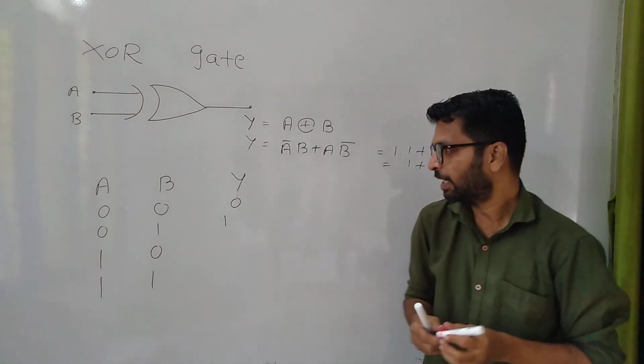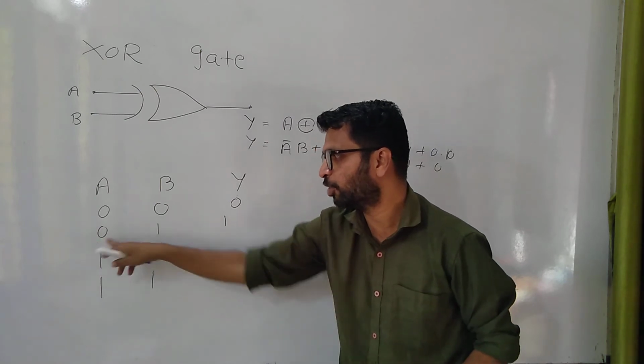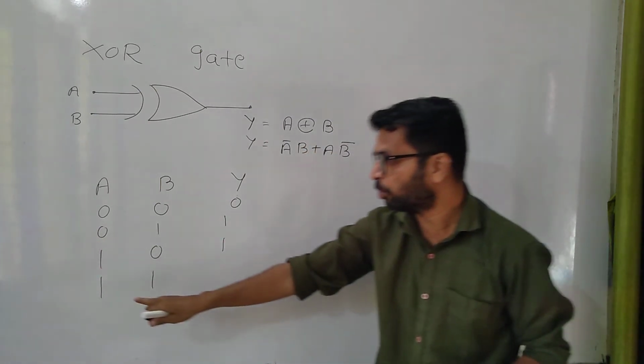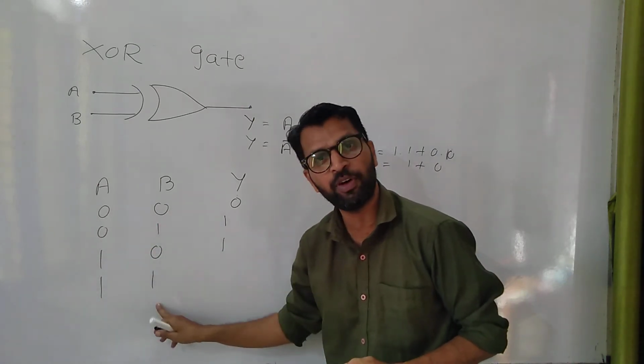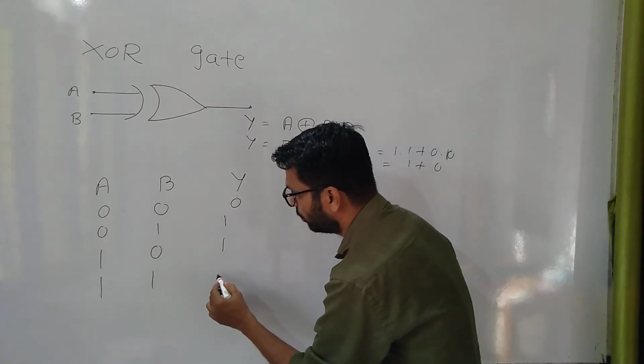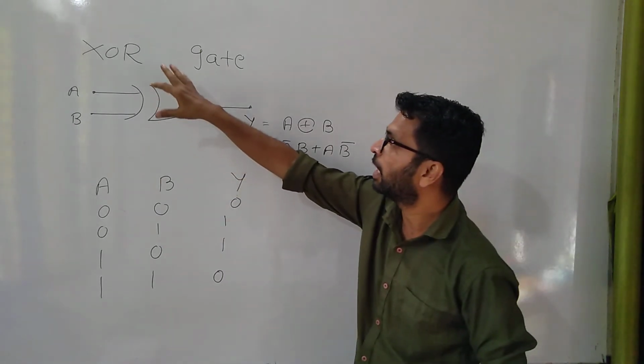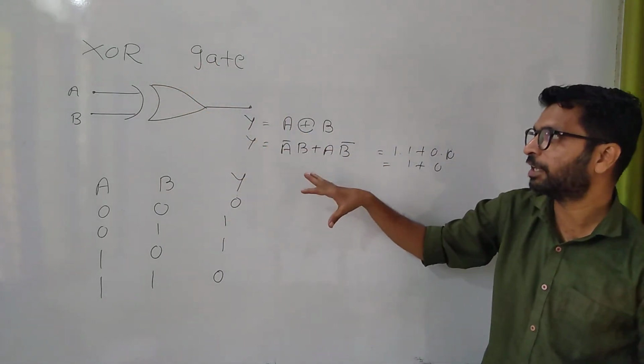So when these two inputs are different, 0 1 or 1 0, then the output is 1, and when the inputs are the same, 0 0 or 1 1, the output will change to 0.